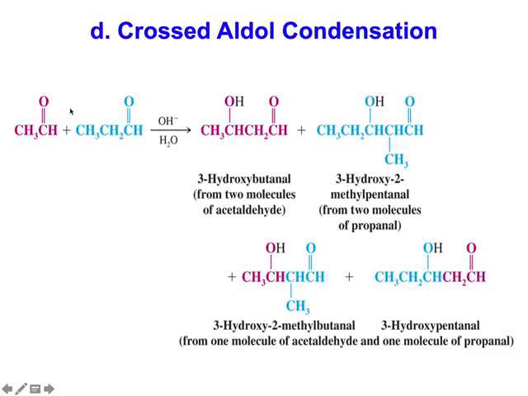Number two, the end product here is from two molecules of propanal. Next is the product between acetaldehyde and propanal. Here is another product, between this one and this one.